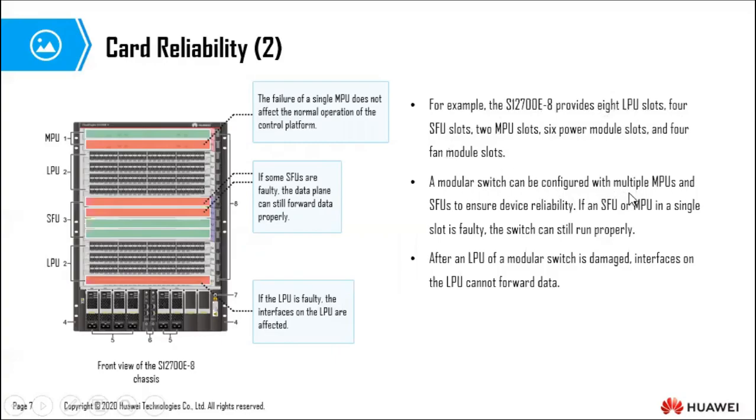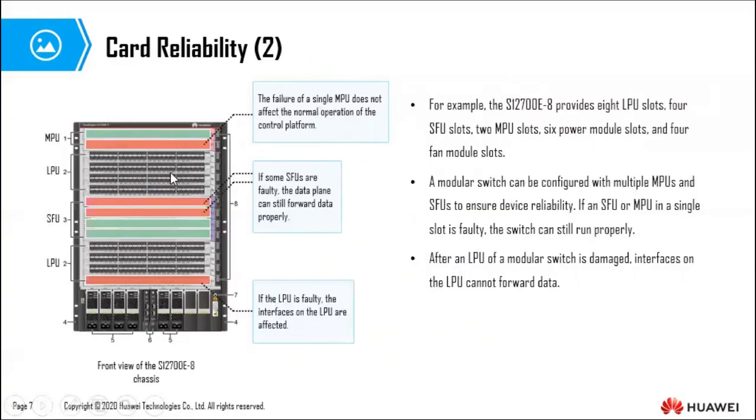So a modular switch can be configured with multiple MPUs, SFUs, to ensure device reliability. If an SFU or MPU in a single slot is faulty, the switch can still run properly. So that's what we call card reliability. After an LPU of a modular switch is damaged, interfaces on the LPU cannot forward data. So these are just examples.